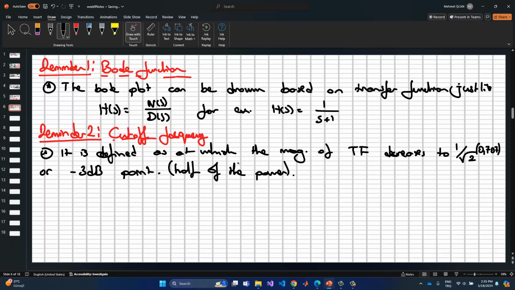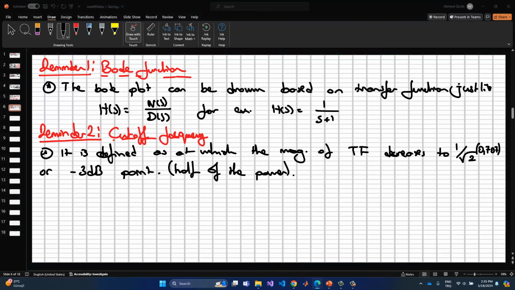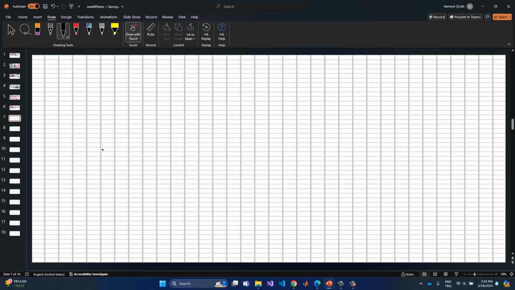Okay, and so in order to do that, we need to use these two concepts to design, for example, the low pass filter based on this information. Okay, and so as always, we need to create the examples. Design a low pass filter.